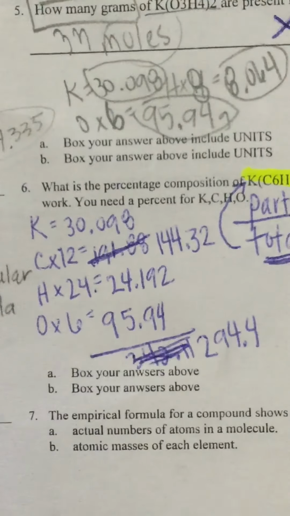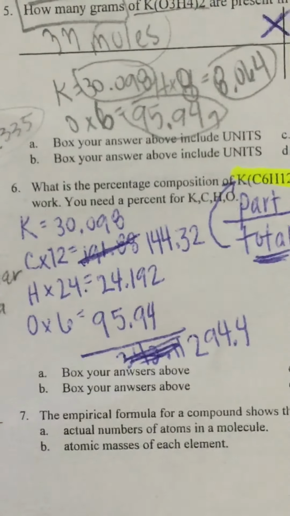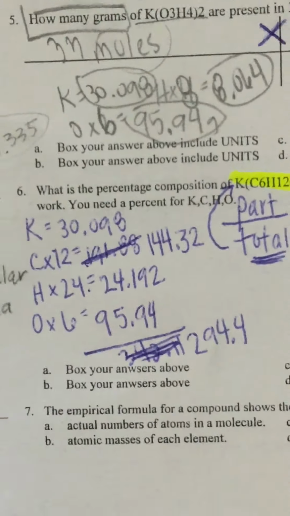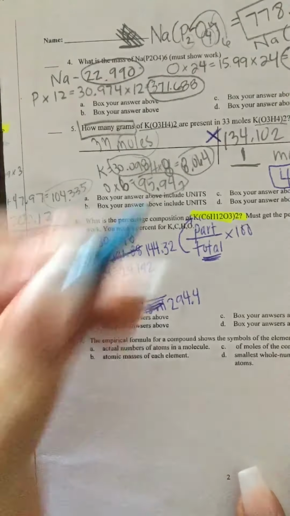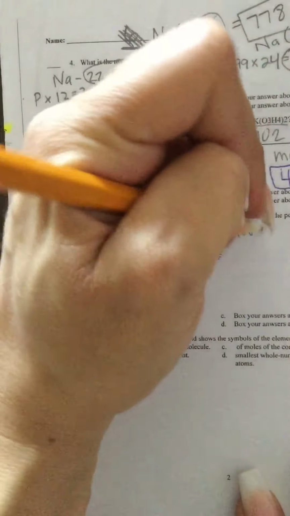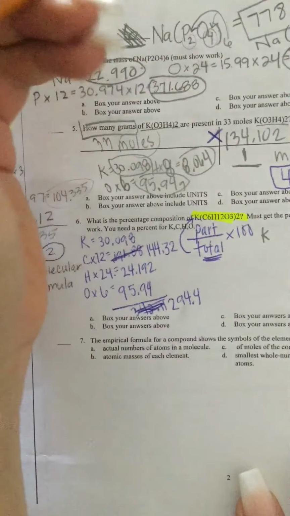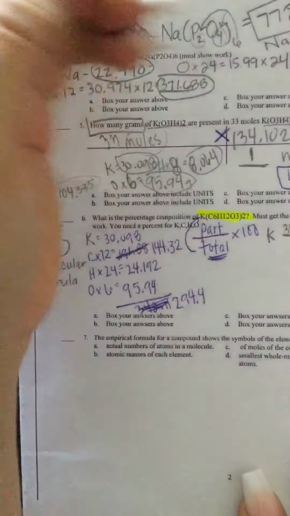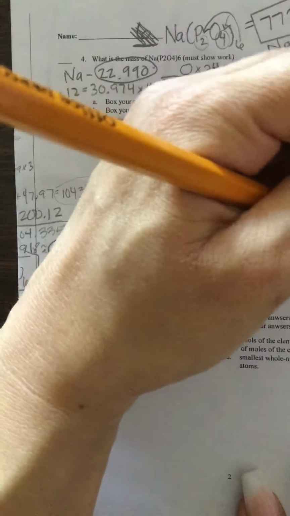Okay, somewhere around that. Now let's do this part divided by whole. What does that mean for each one? So for K, K's mass was 30.098, divided by the total, times 100.